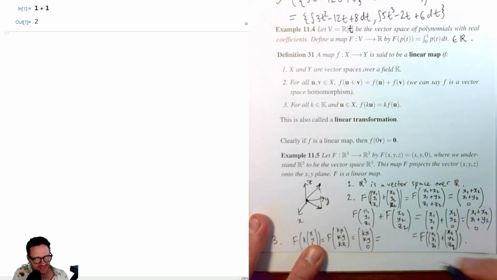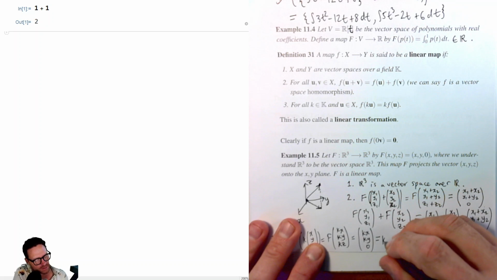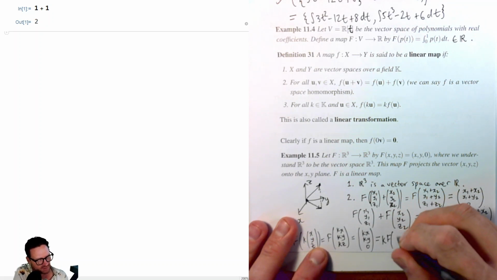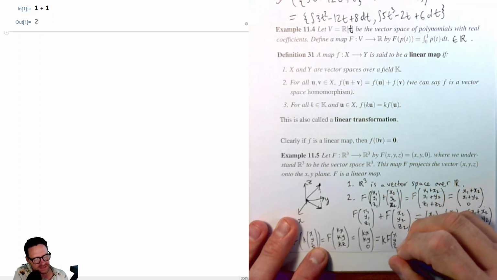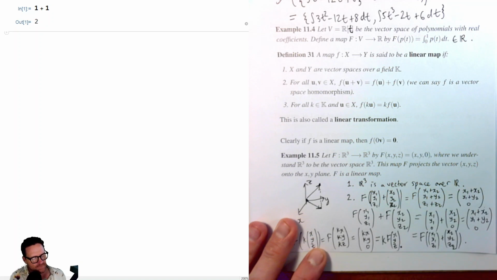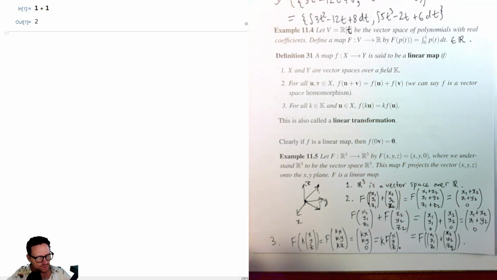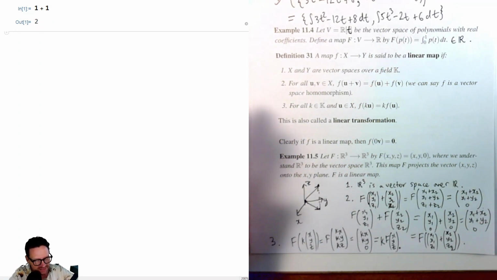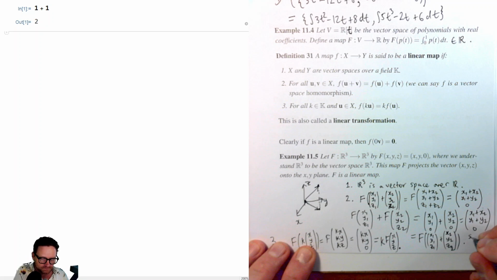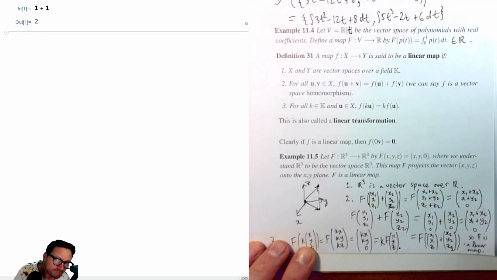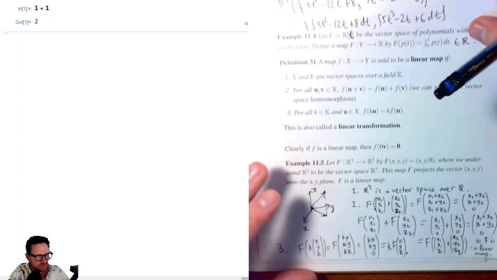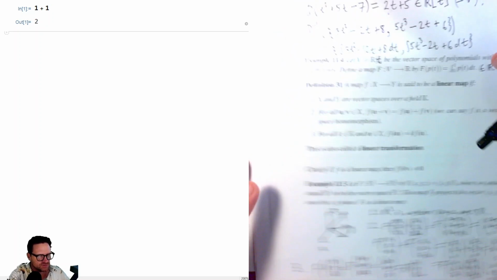And we can factor the k out of this, and we see that it's k times f of x, y, z. Okay, so the third property holds. So we see that the map F is a linear map. All right, let's move on to the next page.